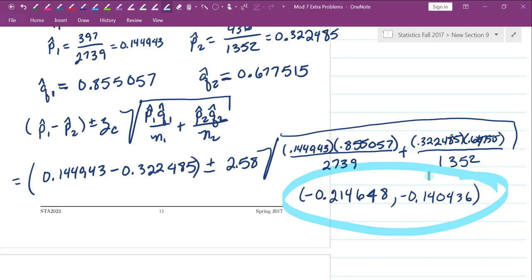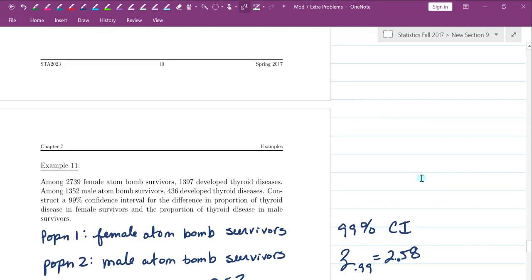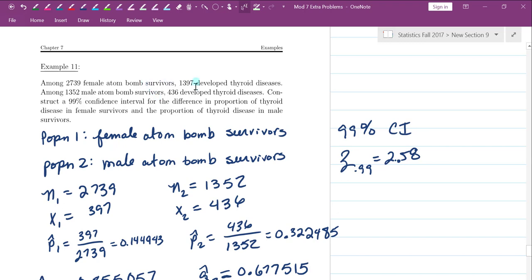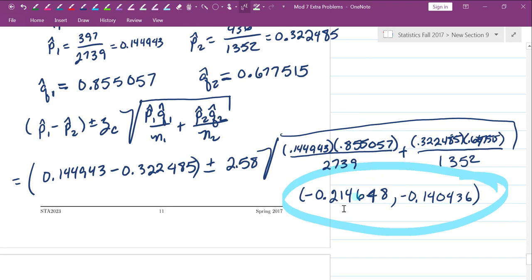Okay, so what does this mean? This means that in the difference between the proportion of women survivors versus men survivors with thyroid disease, actually men have more. The proportion of men who have developed thyroid disease is more than women. The reason I say that is because it's negative.